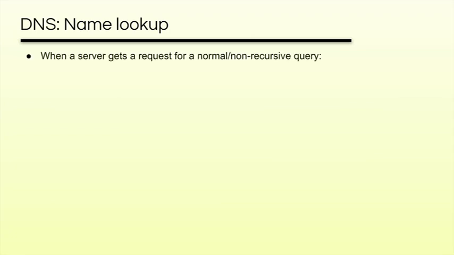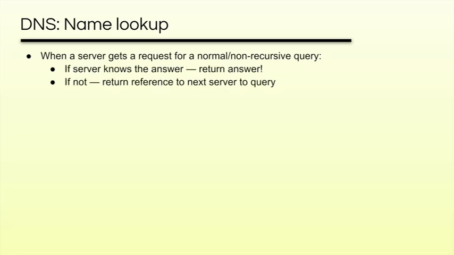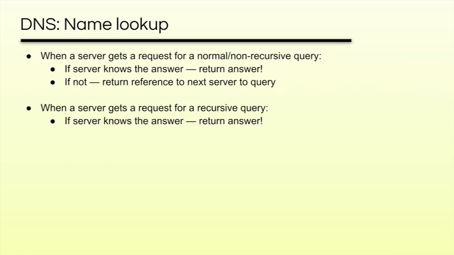Okay, rant over. So when a server gets a request for a normal, non-recursive query, if the server knows the answer, then it returns it, right? If it doesn't, then it returns a reference for the next server to query. When a server gets a request for a recursive query, then if the server knows the answer, again, it returns it.